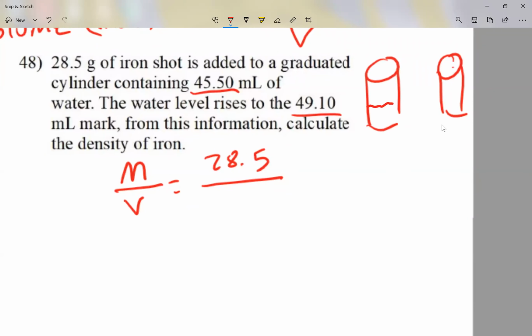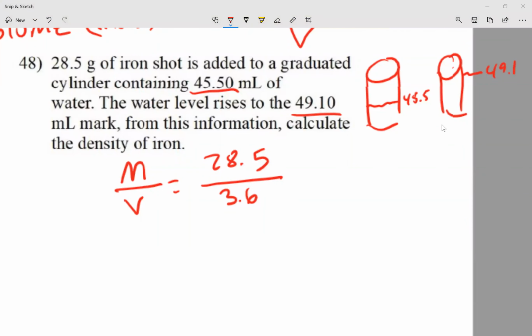So when it was just the water, it's 45.5. When you had the iron, it's 49.1. Didn't we just do that at the beginning of today? For me to find out the volume, let me subtract those two numbers. 49.1 minus 45.5. So I'm going to say the volume is 3.6. You have to calculate the volume, right?